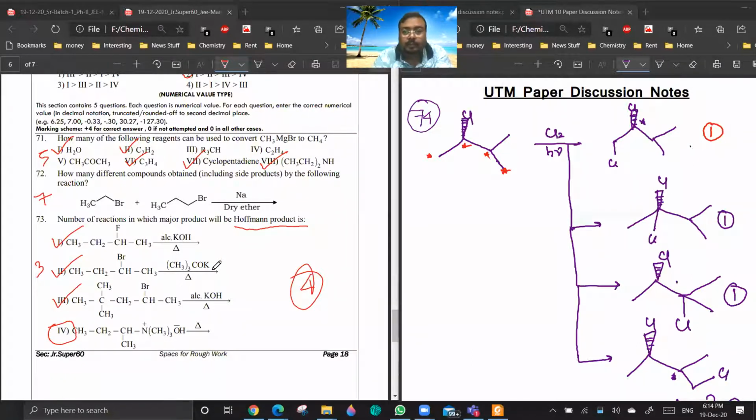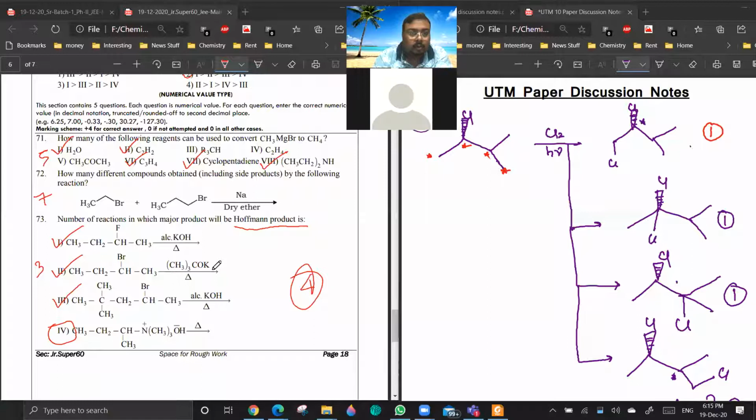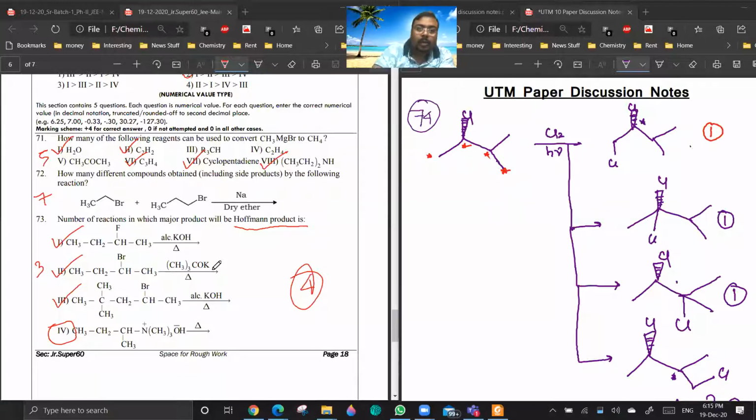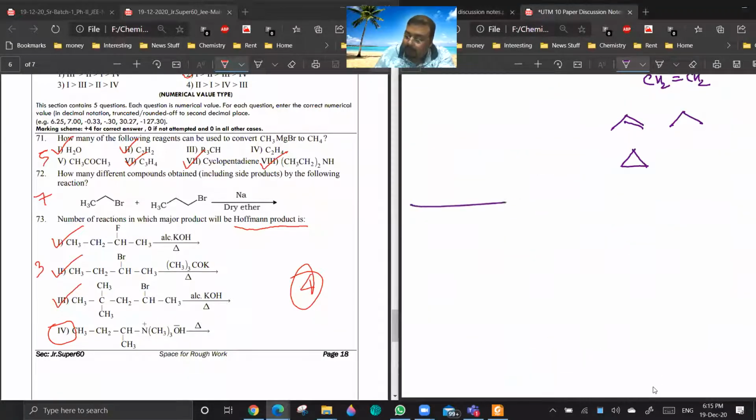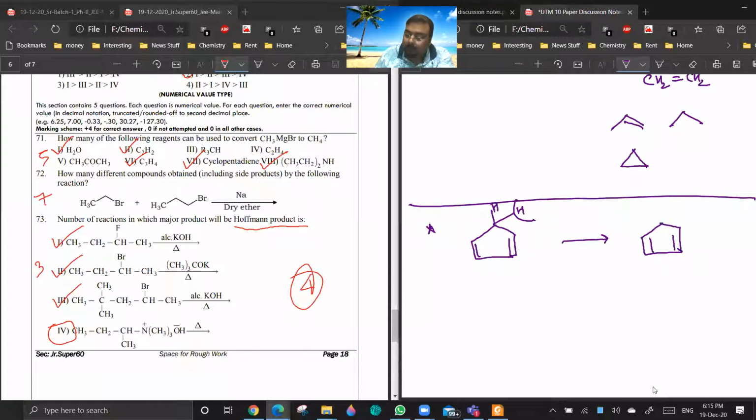What are the doubts? In 71, how cyclopentadiene, sir? Cyclopentadiene, I have given this in the notes also. A hydrogen is said to be acidic if it is connected to a highly electronegative atom, or it is between two electron withdrawing groups, or on removal of that hydrogen you get an aromatic species.